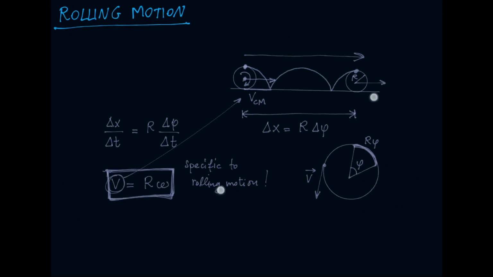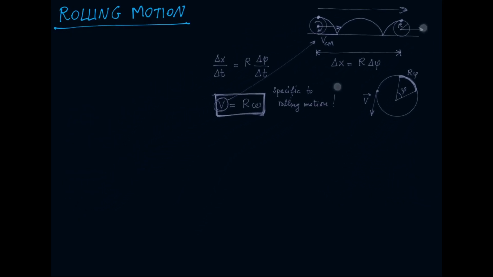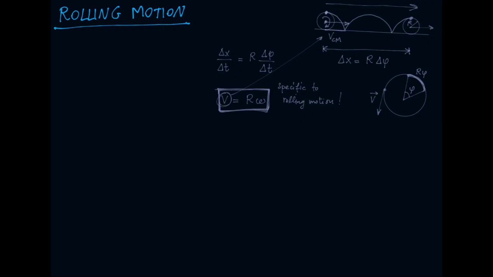One thing before I forget. Another special property of rolling motion is that, let's look more closely at what type of combination of translational and rotational motion we have.